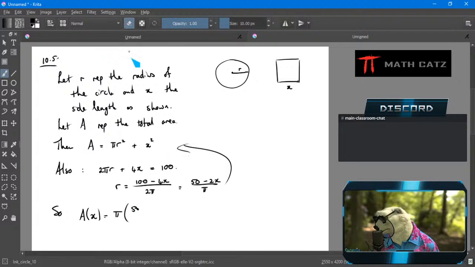Ooh, that was an ugly 0, I apologize. Let us fix it. 0 minus 2x over pi, that is squared because that's r, plus x squared. Now again, moving forward, I might want to simplify this and clean it up little bits at a time so that it doesn't get too messy or unnecessarily messy when I get to the derivative.